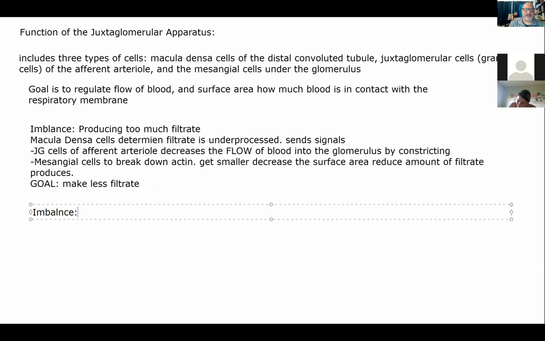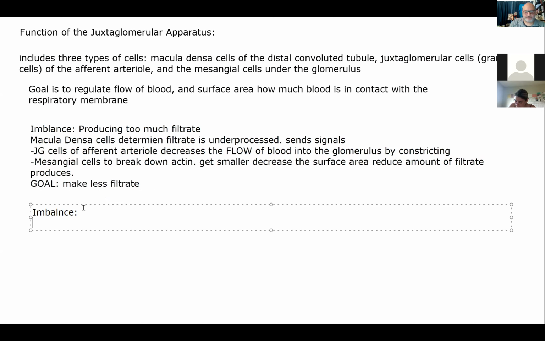Another possible imbalance that our macula densa cells could determine is that we are over processing. So what would the imbalance be in that case? Too little filtrate. Yeah.